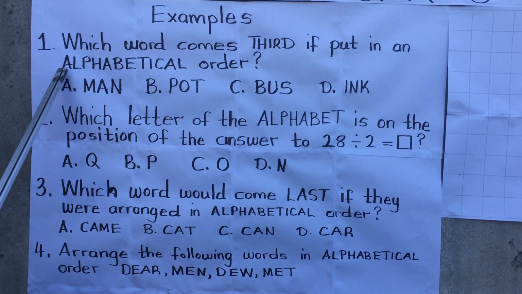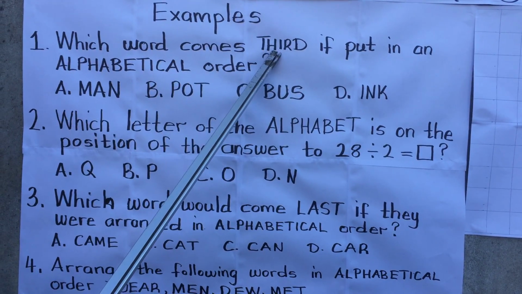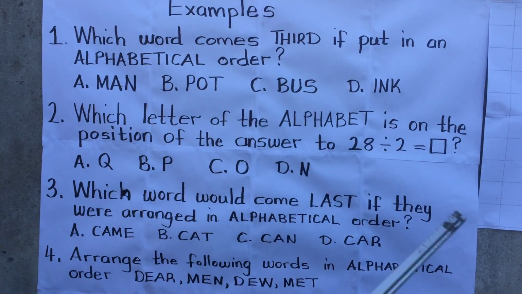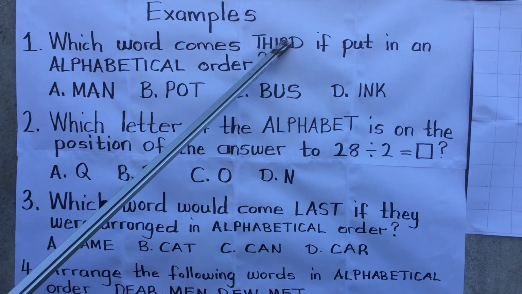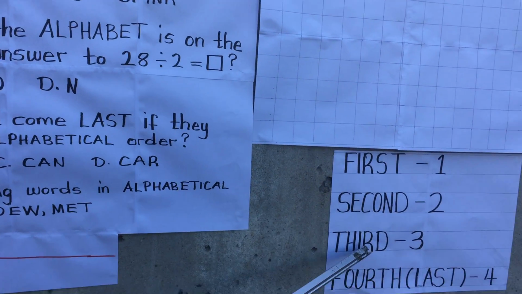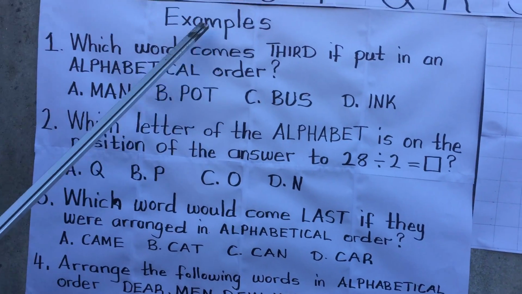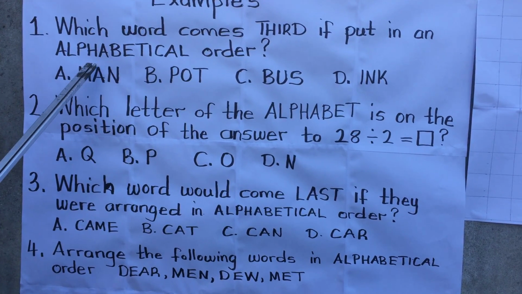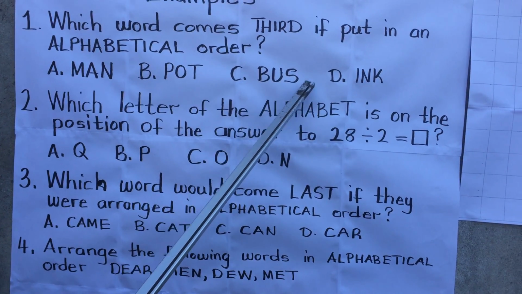The first one says, which word comes third if put in alphabetical order? So which word will come third? Remember, third has to be number 3. What you need to do is write these words in order. There's man, pot, bus, and ink.